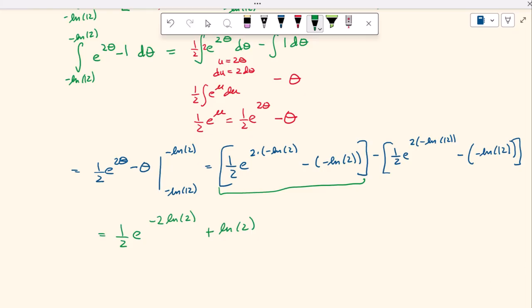We'll simplify the next term next. So for our next term, I'm going to take the negative and distribute as well. So I'm going to have minus 1/2 e to the minus 2 natural log of 12. And then here I'll have a negative, negative, negative is a negative natural log of 12.